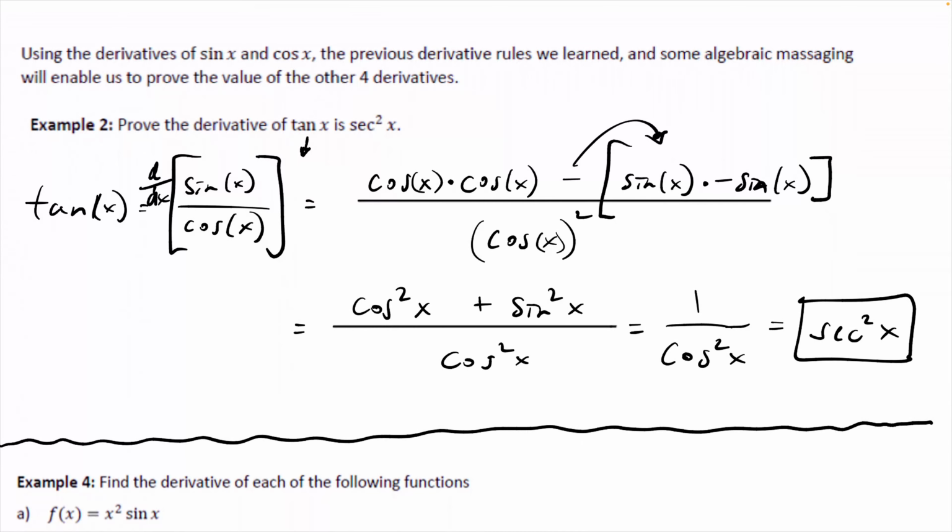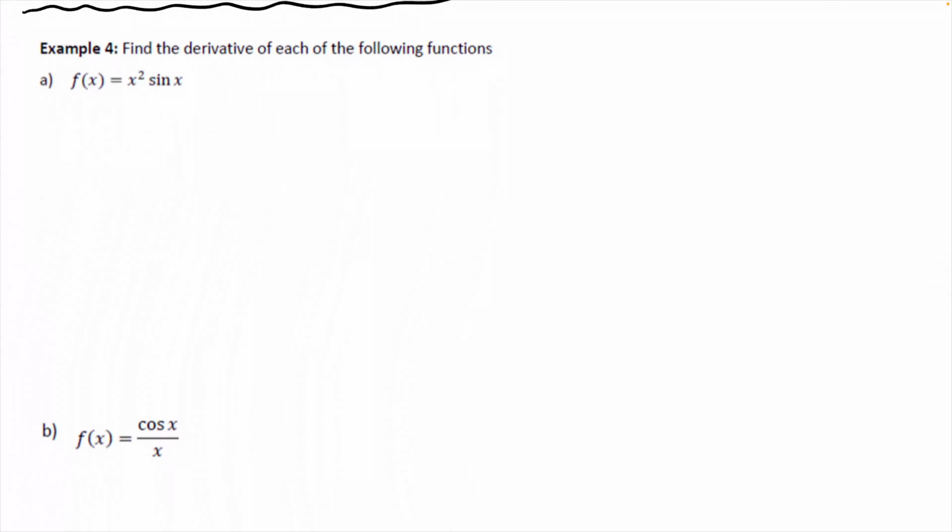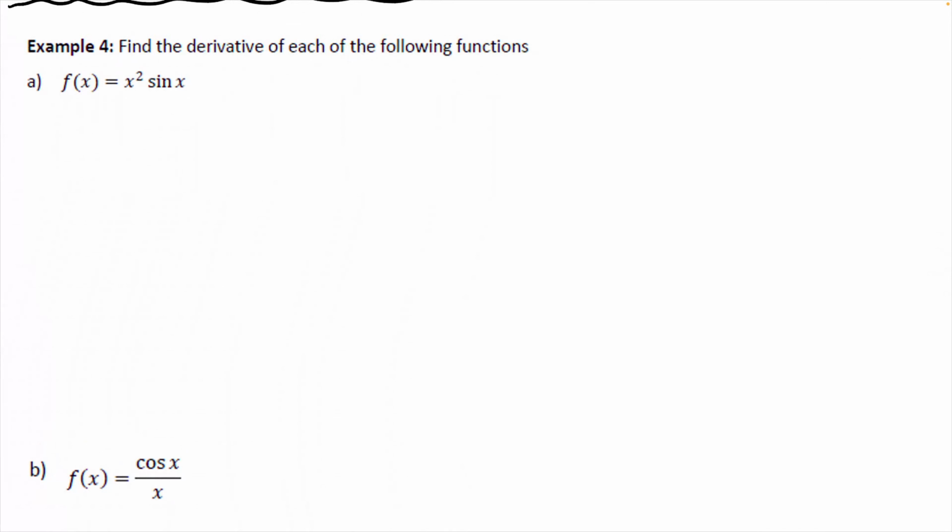Okay? What kind of questions will you be asked? Down here. Find the derivative. The hardest step for doing these problems is the first step. We have 3 rules: power rule, quotient rule, product rule. Which one are we going to use for this guy?